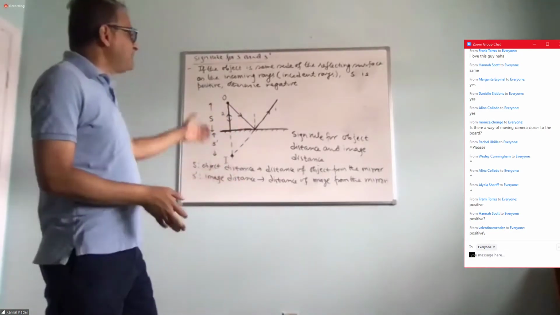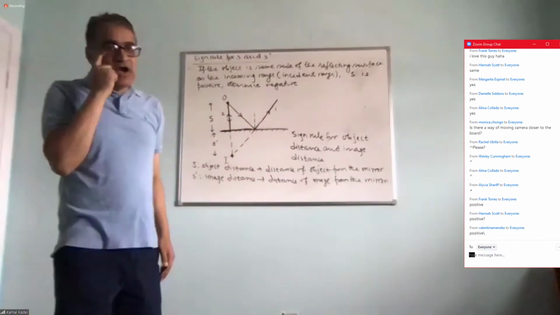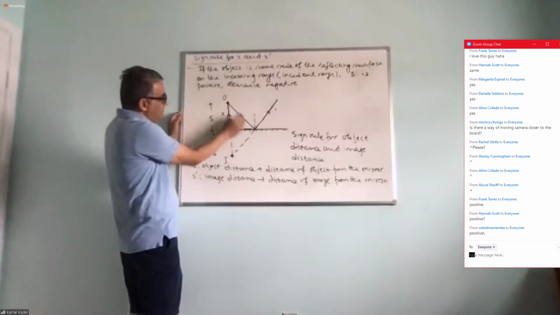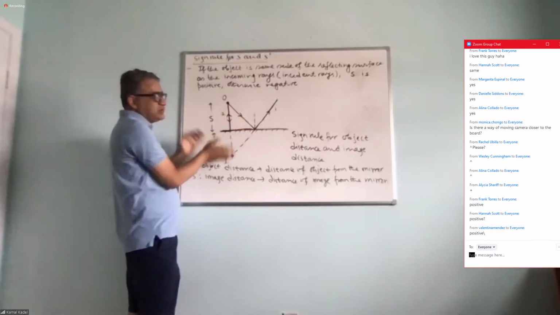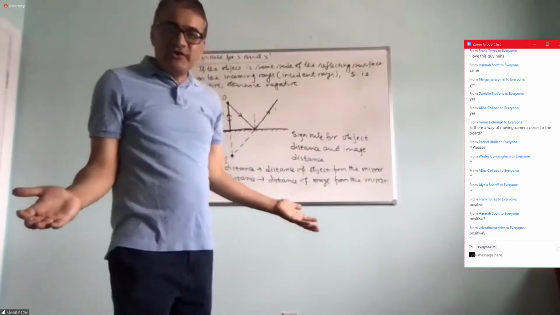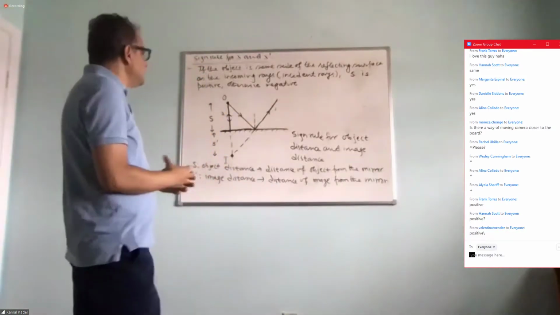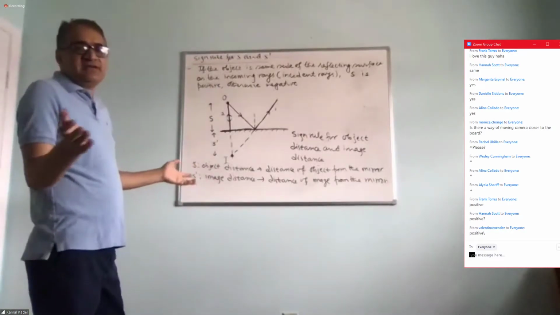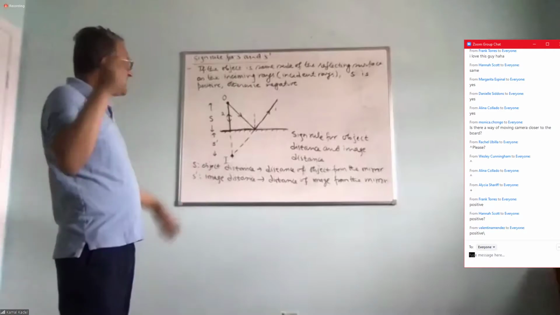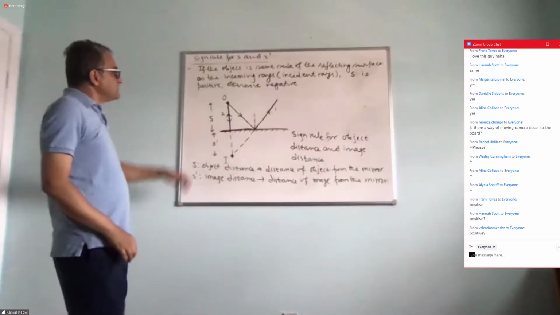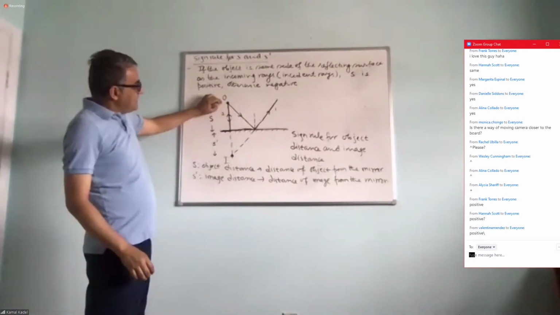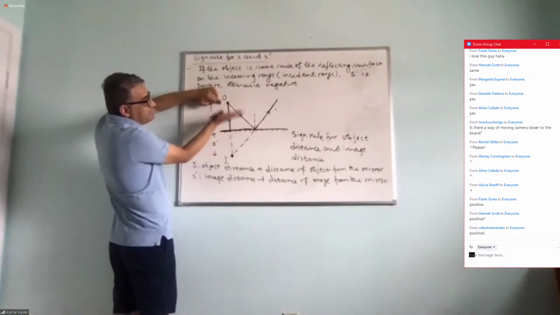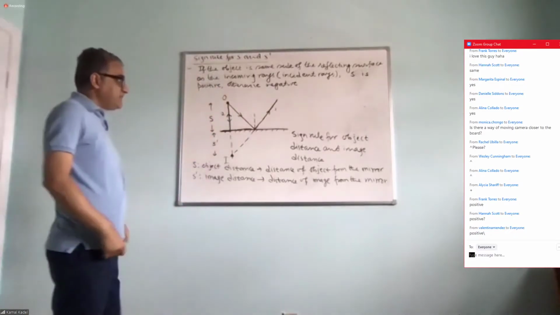Usually we will have this situation. We don't have to worry about object distance because the object is always a real thing. So when the light comes from the object, the light and the object will be on the same side. You understand my point, right? So usually this S will be positive. Any virtual object may be negative, but we are not doing this right now. So right now this object is on the same side as the incoming rays of the reflecting surface. So S is positive.